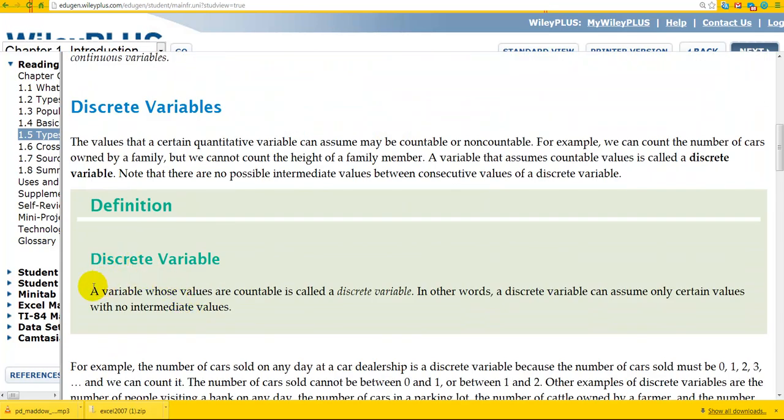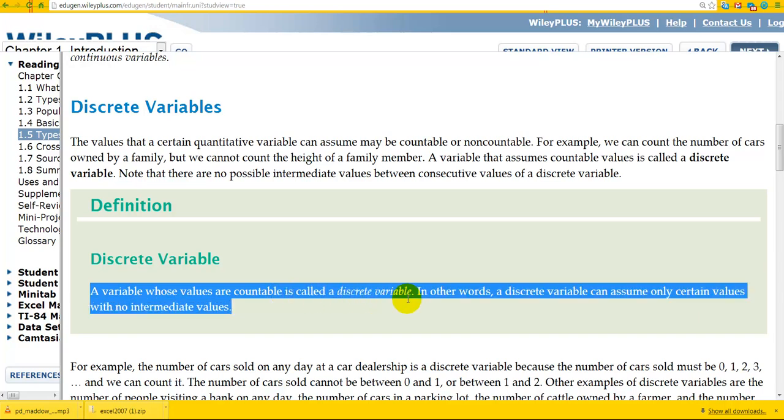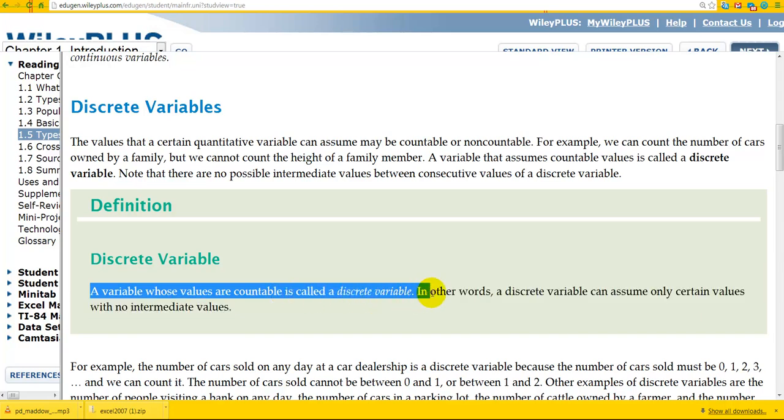Discrete: a variable whose values are countable is called discrete. So, like we said, basically countable. It doesn't have to be whole numbers like 1, 2, 3, 4, but basically it's like that.